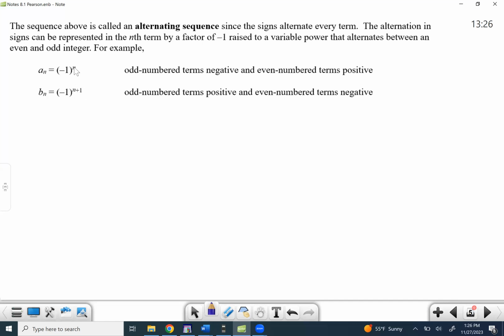So let's just kind of investigate these to make sure that you understand them deeply. So in the first sequence, I'm just going to substitute in a few terms so you can see what's happening. So I'm going to substitute in a 1, a 2, 3, and a 4. Well, when we take a negative and we raise it to an odd, it stays negative.